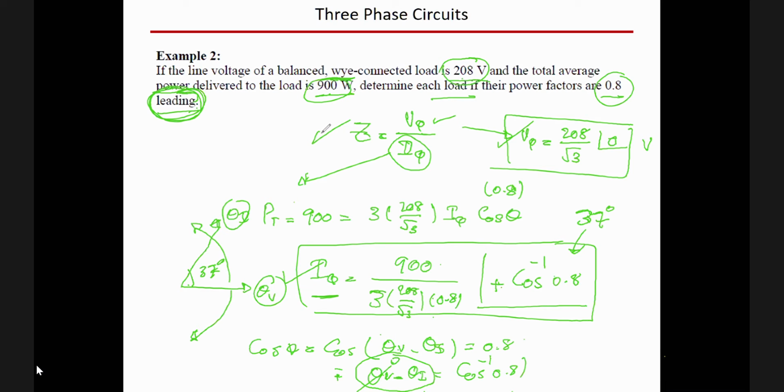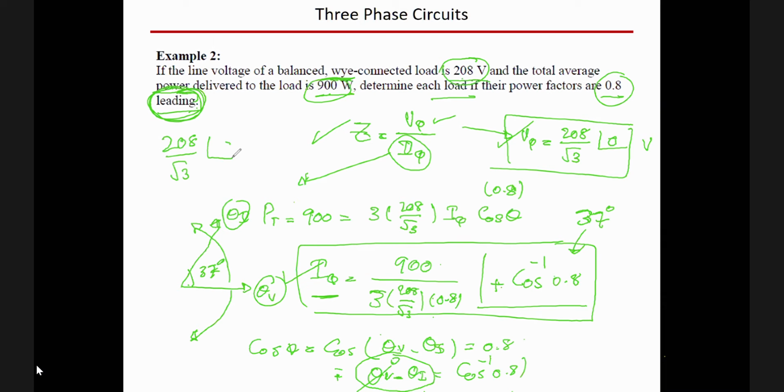Doctor, for phase voltage, shouldn't I always divide by the square root of 3 when I convert from line voltage to phase voltage? Well, that's correct. But again, remember that you are not specifying the reference yet. You can find the magnitude of the phase voltage, which is divided by square root of 3.